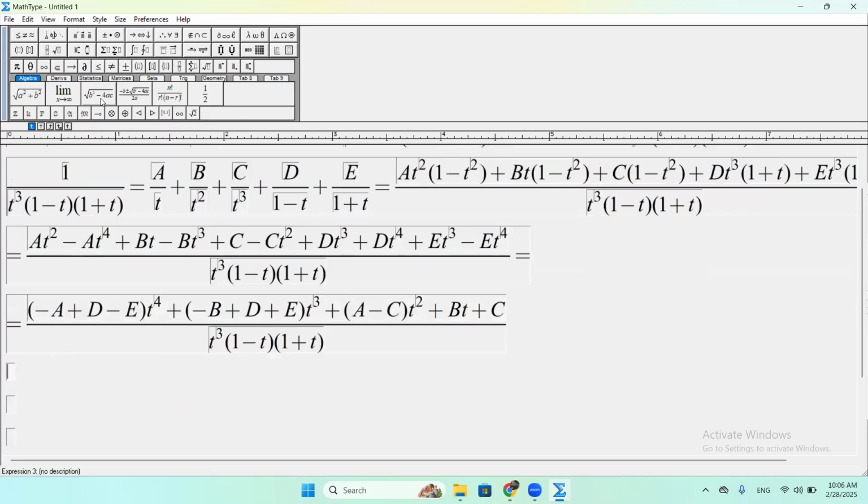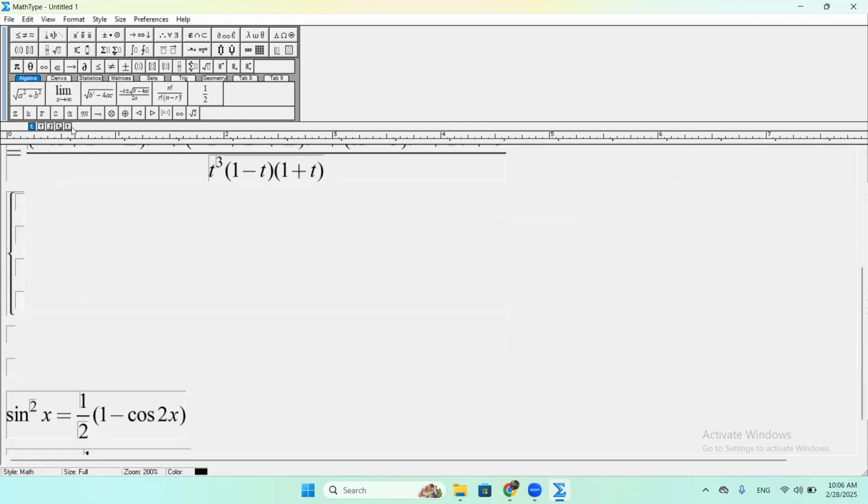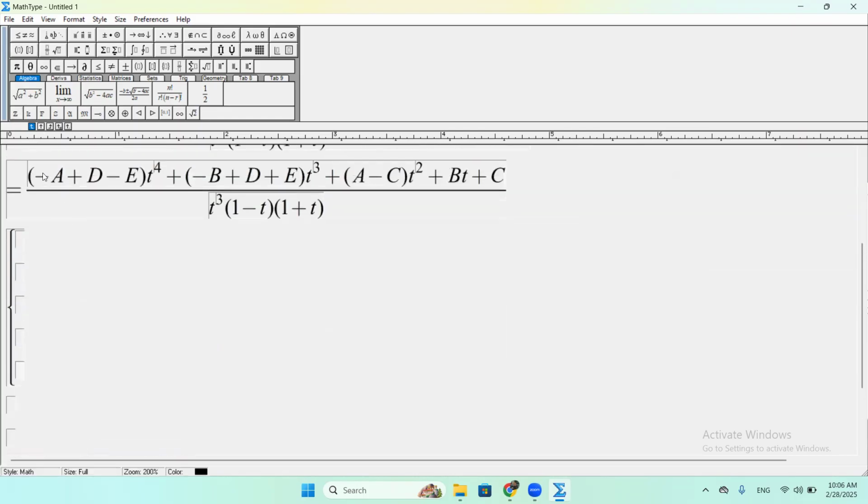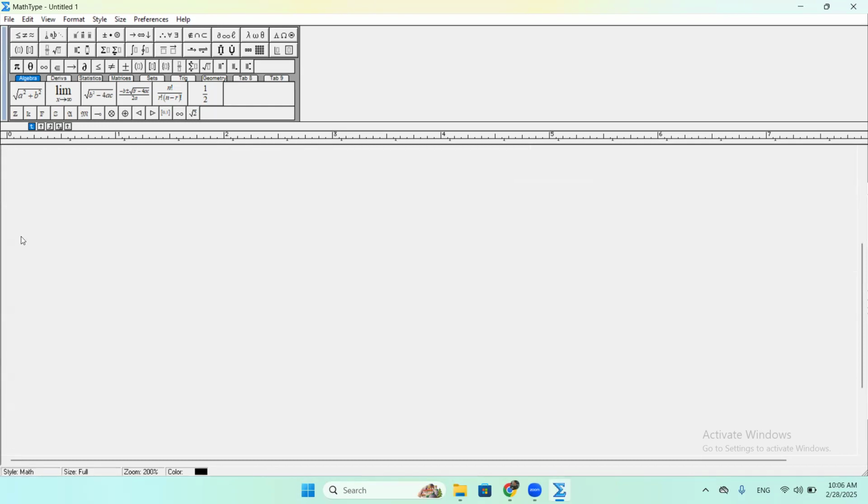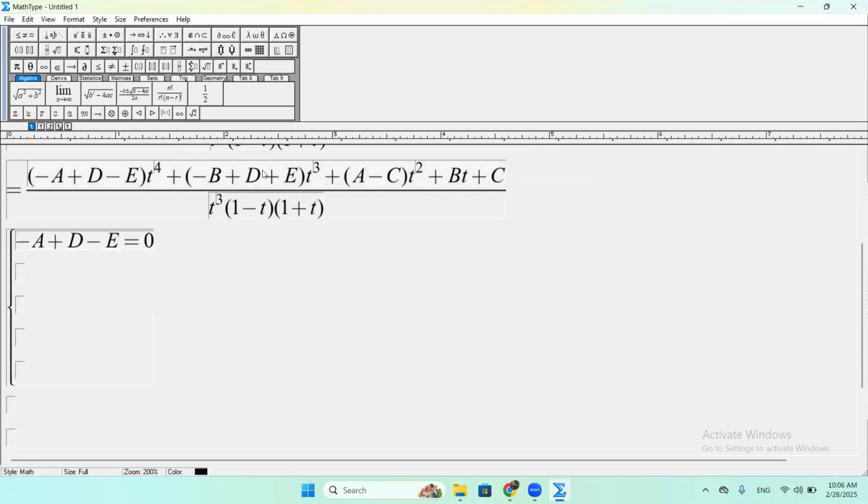So we will receive the following system of 5 equations. So all coefficients, for all powers of t, are 0 except power of 0.